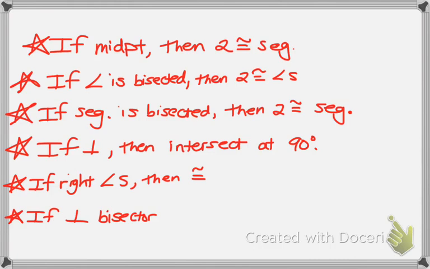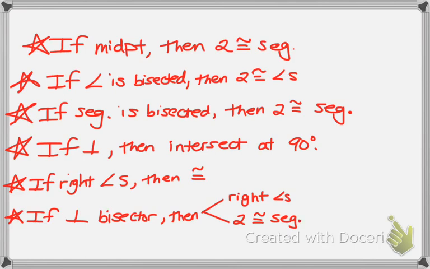Here and here, right? So depending on what you need out of the proof, if you end up with a perpendicular bisector, you can go 2 ways. You could then get right angles, or then you get 2 congruent segments.